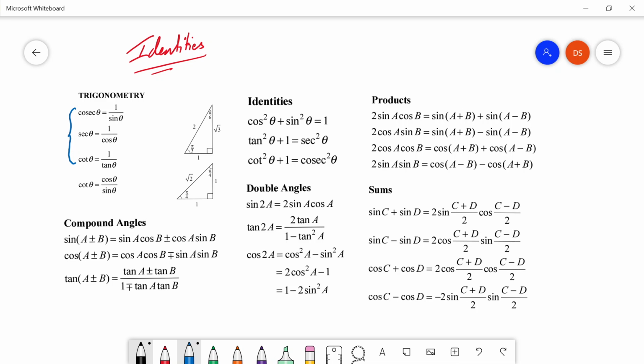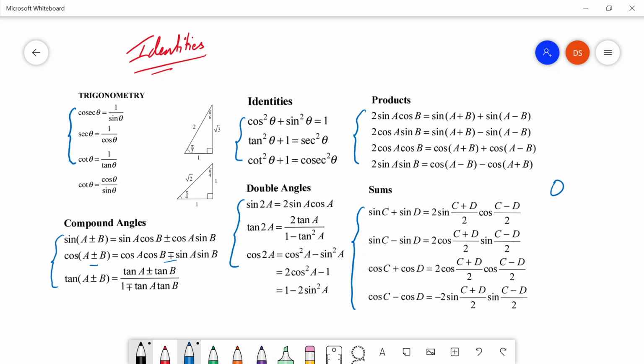After the reciprocal trig functions, we looked at the compound angle identities, realizing that there's a difference between plus minus and minus plus and how important that is. Before that, we looked at the Pythagorean identities that are derived from Pythagoras. And then today we used the compound angles to help us find the double angle identities. And we also wrote down the product to sums and the sums to products.